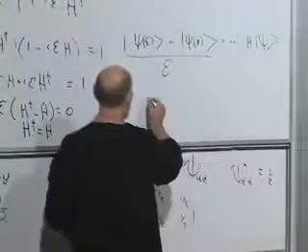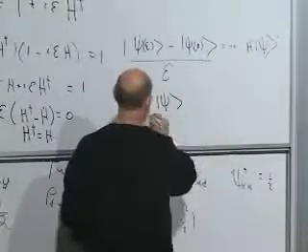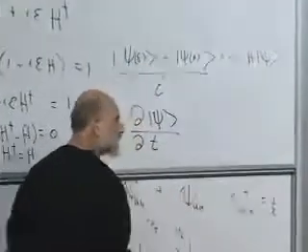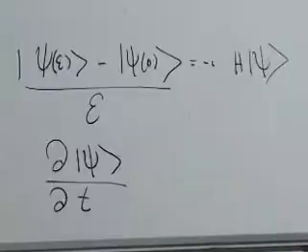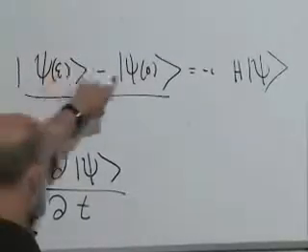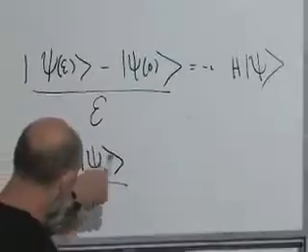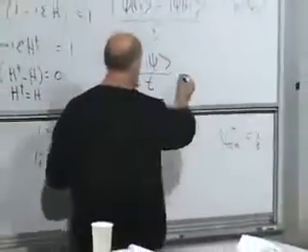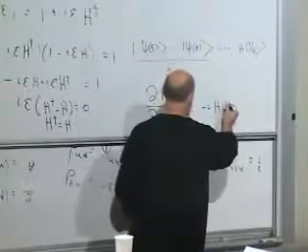This is the derivative of psi with respect to epsilon, or with respect to t. Epsilon is just a small interval of time. So the change in psi divided by a small interval of time, that's the derivative of the state vector with respect to time, is equal to minus i H on psi.